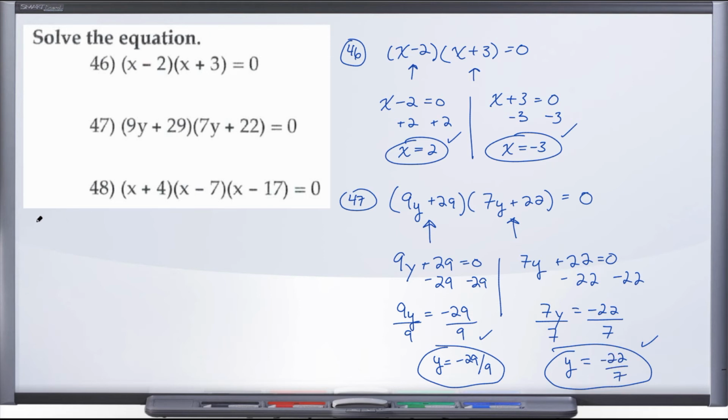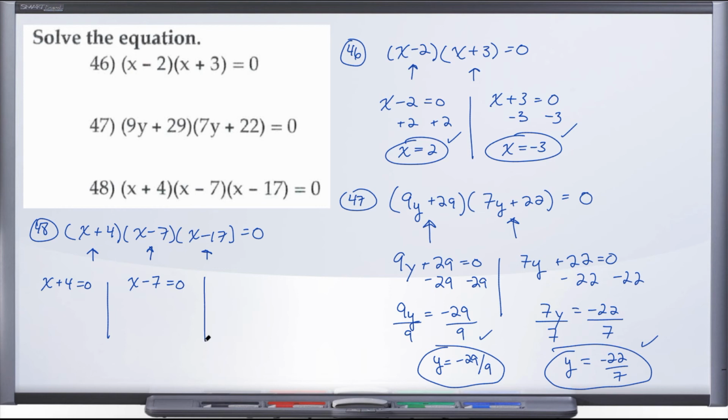All right, lastly here, number 48, we were given the quantity x plus 4, the quantity x minus 7, the quantity x minus 17. The equation is set to 0, so now let's go ahead and set each factor independently to 0. So x plus 4 equals 0, x minus 7 equals 0, and now x minus 17 equals 0.